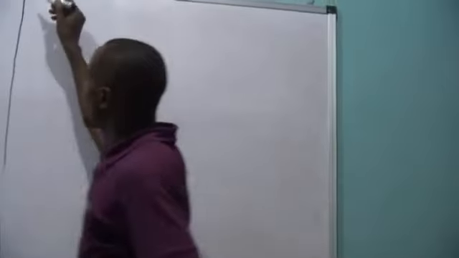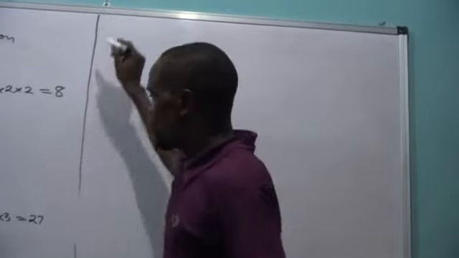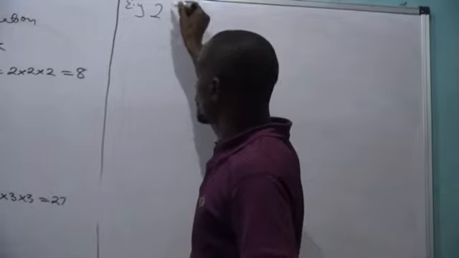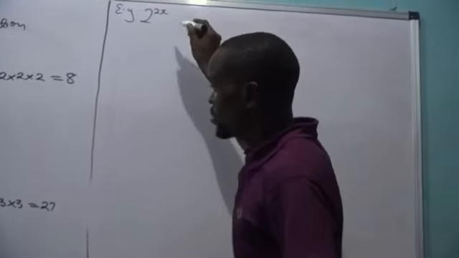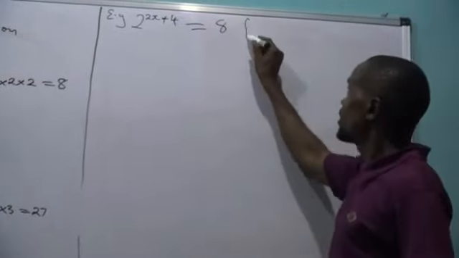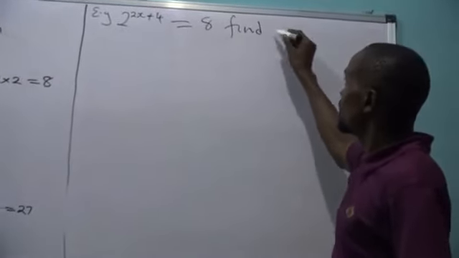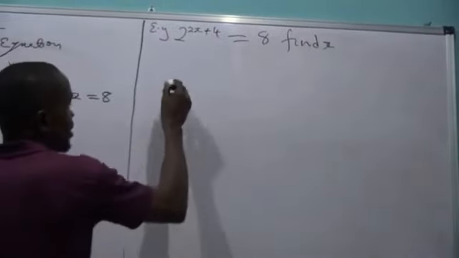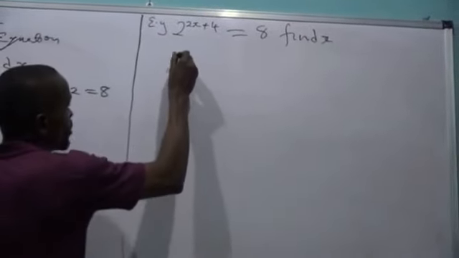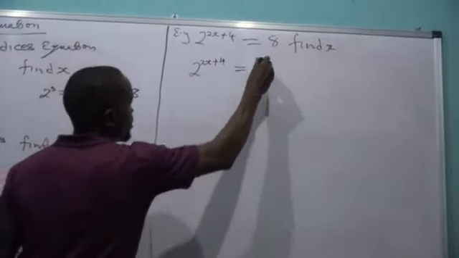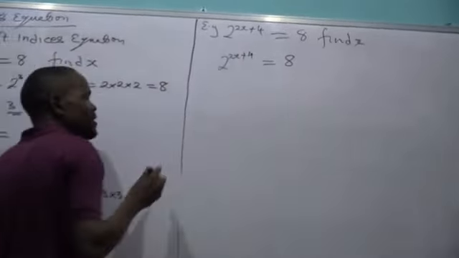Here, second example. The second example is this: 2 raised to power 2x plus 4 equals 8. Find the x. In this case, I have 2 raised to power 2x plus 4 equals 8.